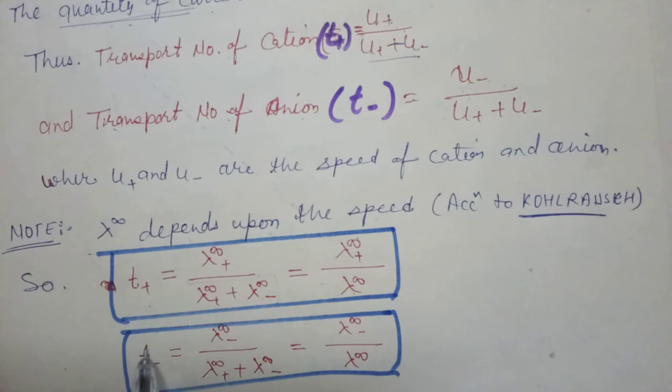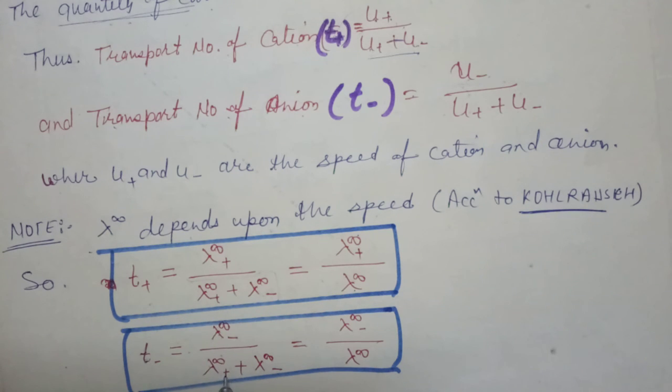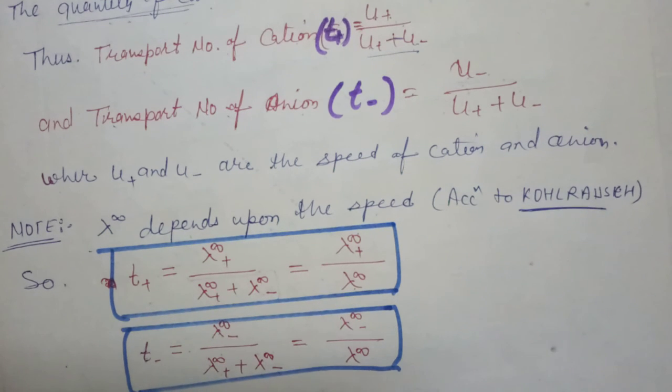Okay, in the same way, T minus, the transport number of anion, will be equal to lambda infinity minus upon lambda infinity plus plus lambda infinity minus, or lambda infinity minus upon lambda infinity.